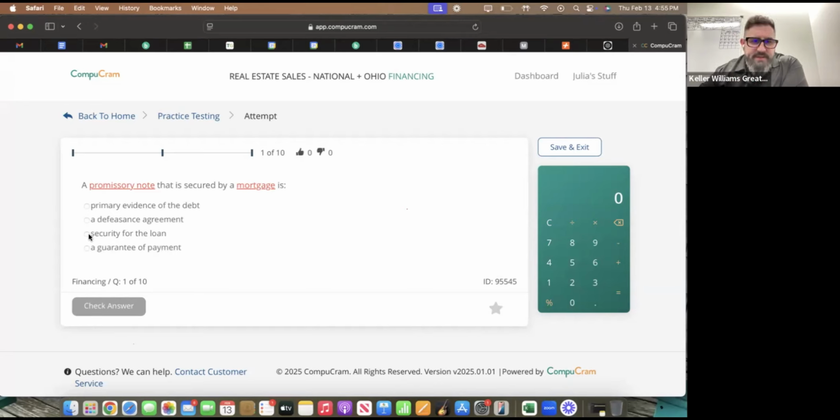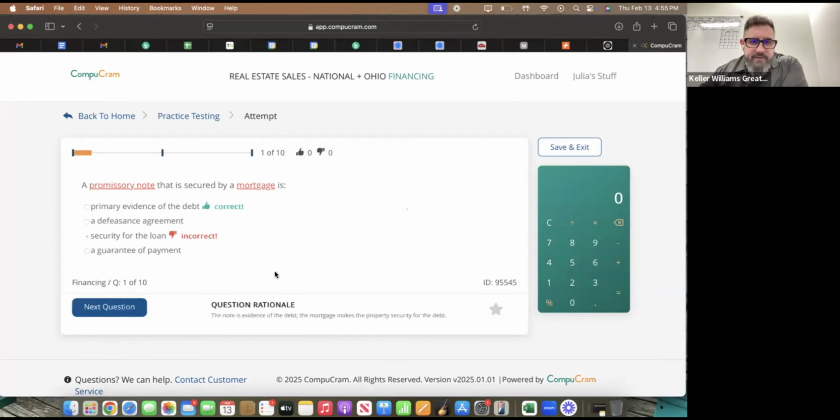All right, Eric thinks it's C. I think I agree. Nope, Eric, we're wrong again. Primary evidence of the debt. The rationale, the note is evidence of the debt. The mortgage makes the property secured for security for the debt. It's a tricky question.